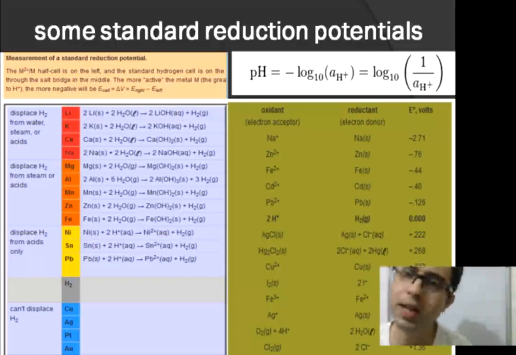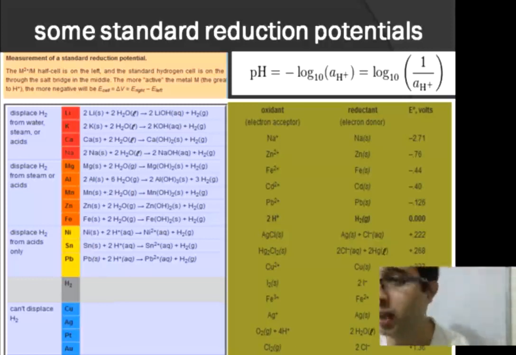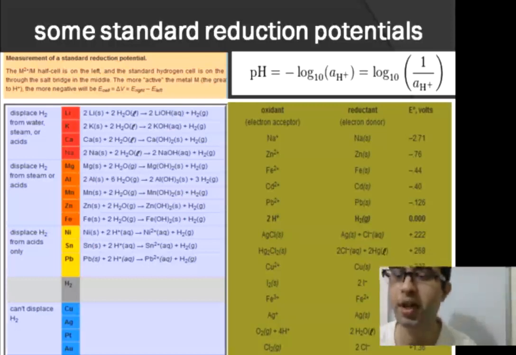We'll put the E0 value for the reduction reaction at the right, and the oxidation value, the anodic reaction, at the left. E cathode minus E anode, basically right minus left, means it has nothing to do with the physical position of the cathode and anode, nothing to do with that.